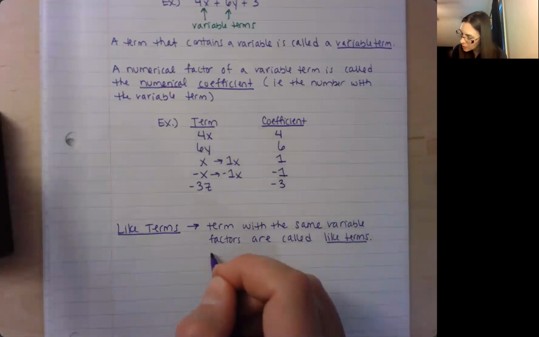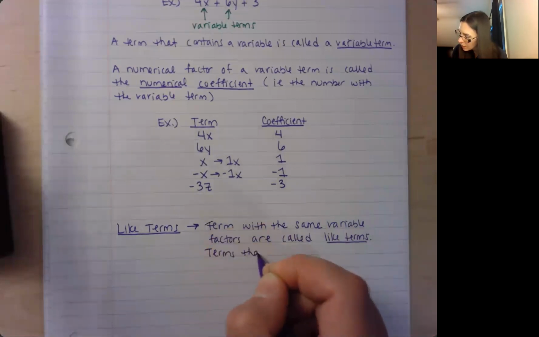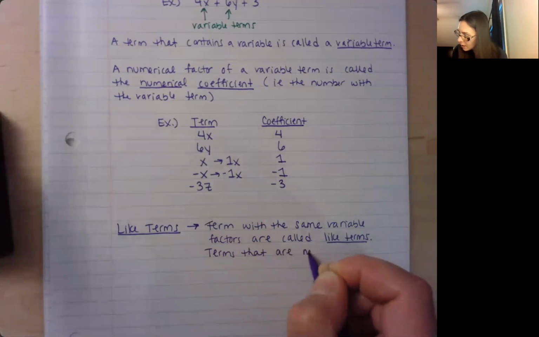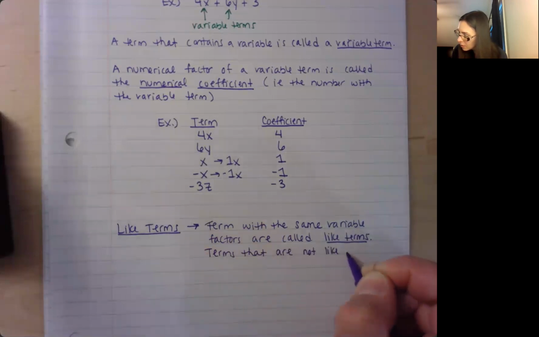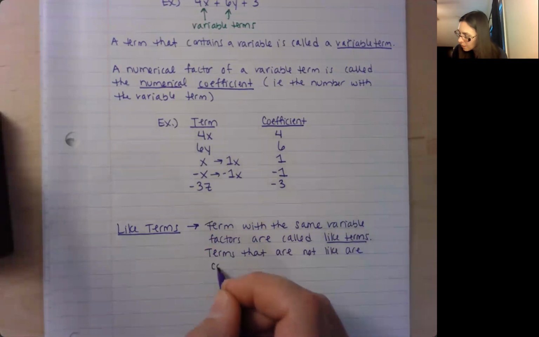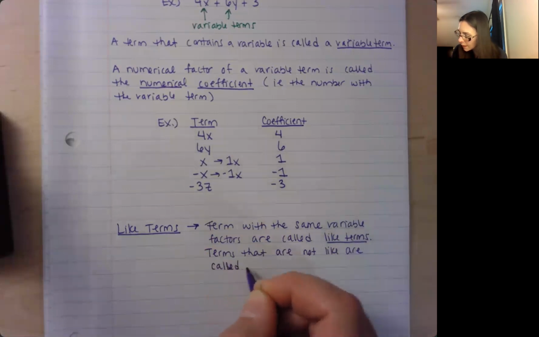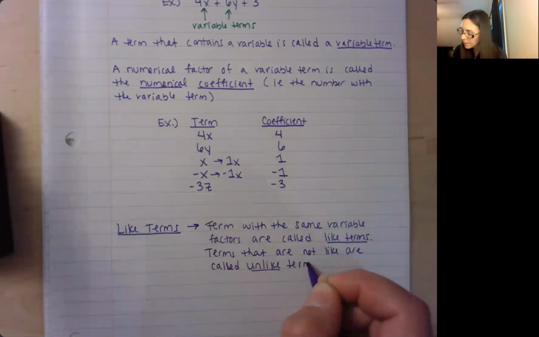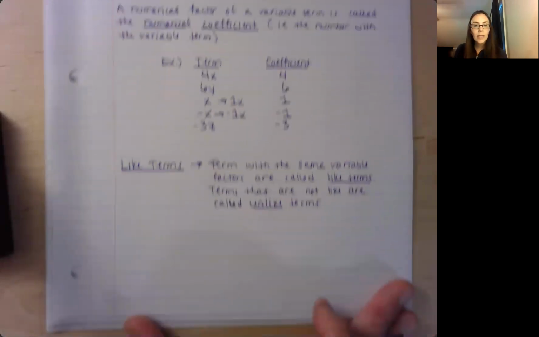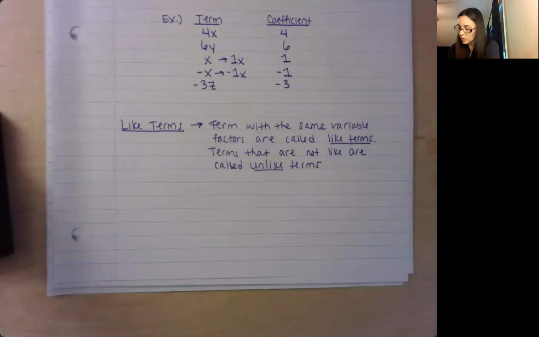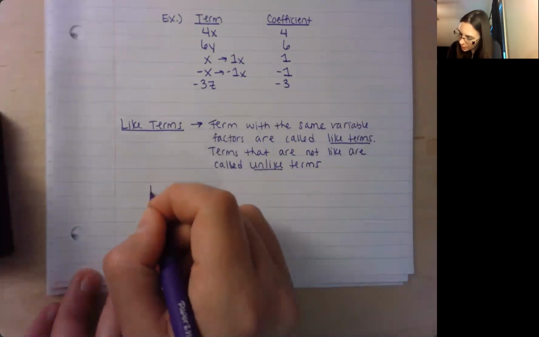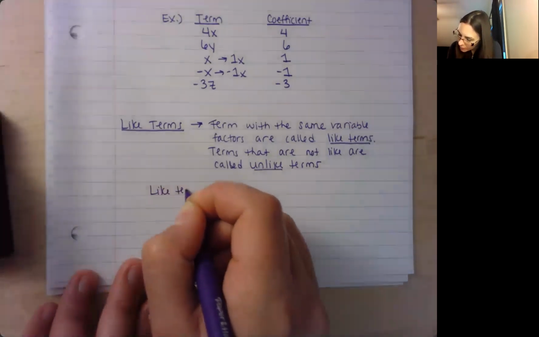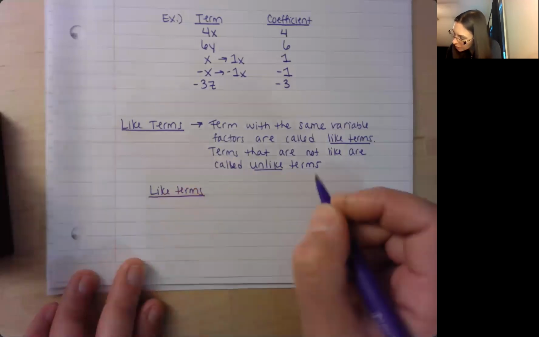And then terms that are not like are called unlike terms. So let's go through some examples here as well. So I'm going to make it two columns of like terms and then unlike terms.